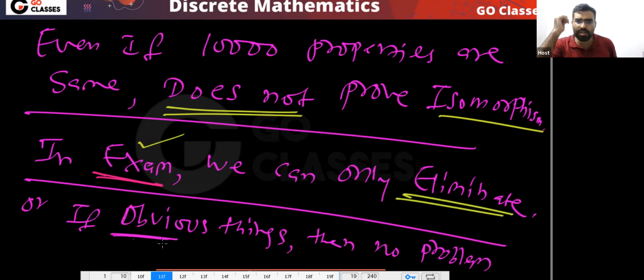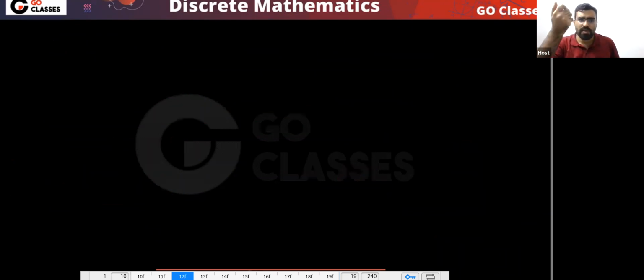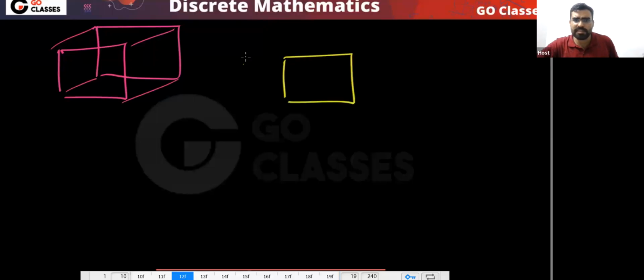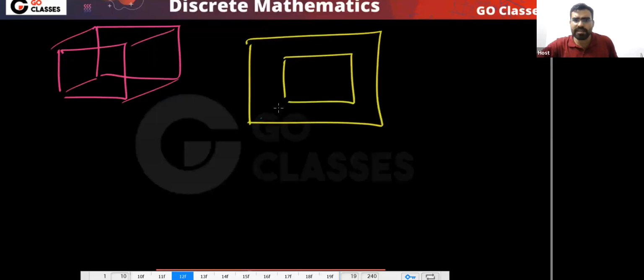And if you have small graphs, then you can solve the question very easily. For example, in the GATE exam, if they give you this structure, and another structure is like this, then you can directly say that they are isomorphic.